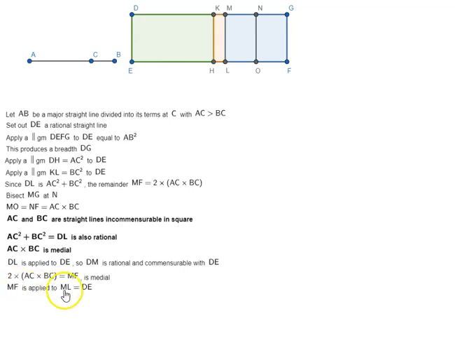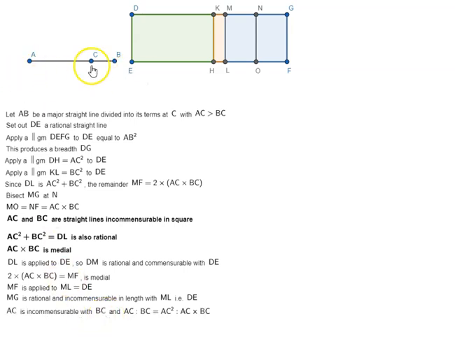MF is applied to ML. MF has been applied to ML, which is equal to DE. So that means MG is rational and incommensurable in length with ML, that is DE. AC is incommensurable with BC.